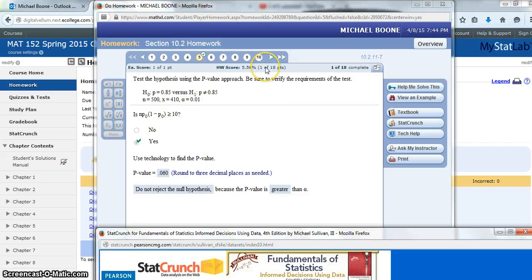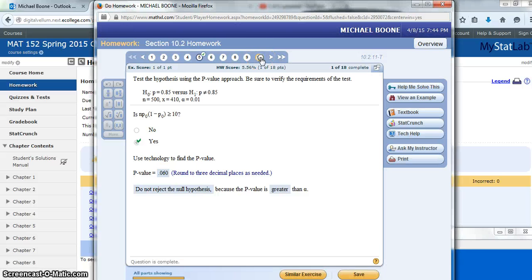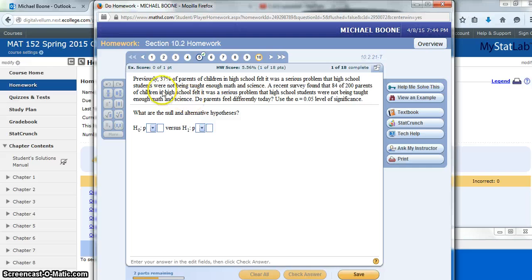Another one to look at is number 10. So previously, 37% of parents of children in high school felt it was a serious problem that high school students were not being taught enough math and science. A recent survey found that 84 out of 200 parents of children thought it was a serious problem.